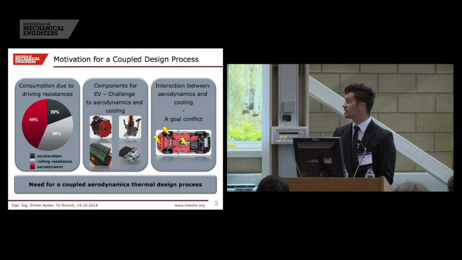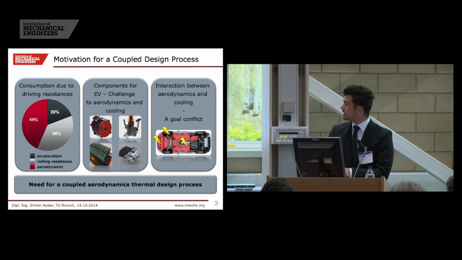And third, the interaction between aerodynamics and cooling is mostly a goal conflict. For example, we're having here the underbody of an Audi A3, and the yellow arrows show us where we have a goal conflict. For example, here, where the exhaust system is, we cannot cover the underbody in order to have a smooth underbody and lower drag resistance.